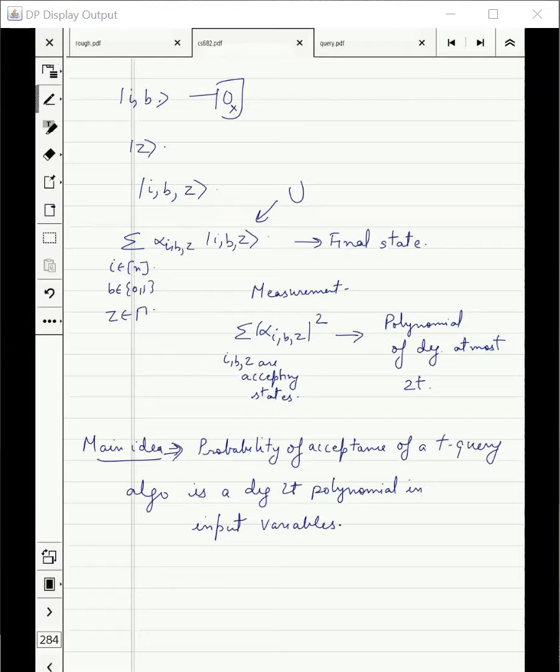When you apply the unitary, the degree of the polynomials doesn't change. That I give you as an exercise. If time permits, I will do it. But yeah, you have the final state. Someone can potentially apply a unitary and measure it. They need not measure in the standard basis, but that will not affect the argument. Finally, your acceptance probability will be a polynomial of degree at most 2t.